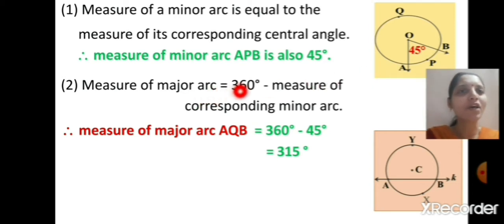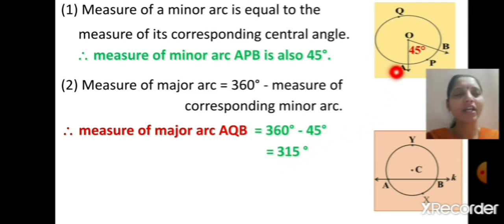And the measure of the major arc is equal to 360 degrees minus the measure of the corresponding minor arc. So here, the measure of arc AQB is equal to 360 degrees minus the measure of the minor arc, that is 45 degrees, which is equal to 315 degrees.